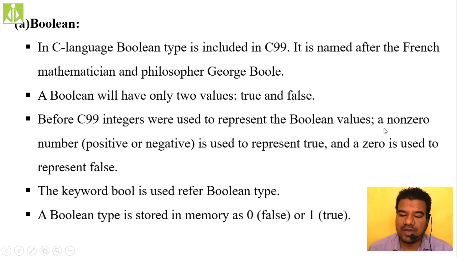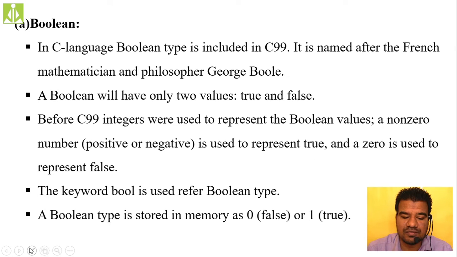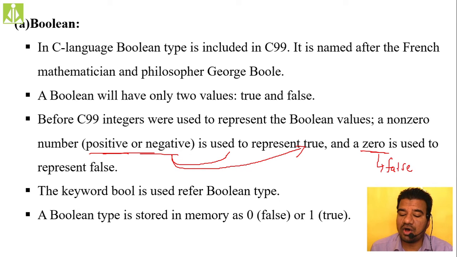A non-zero value, either positive or negative, is used to indicate the true case, and 0 is used to indicate the false case. So the boolean values were represented this way before the invention of the boolean type, that is before C99.